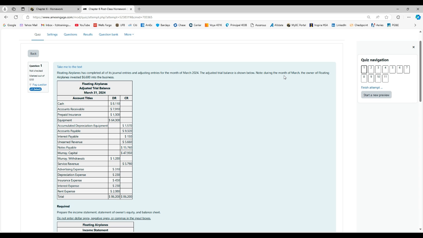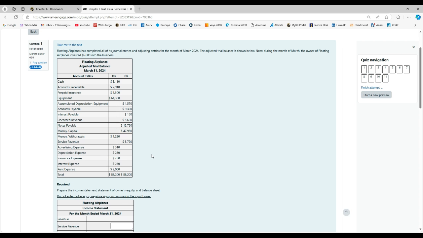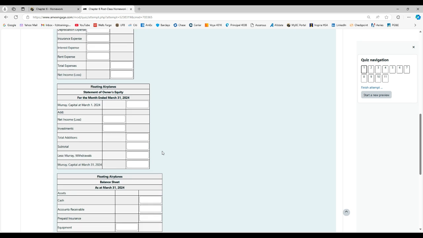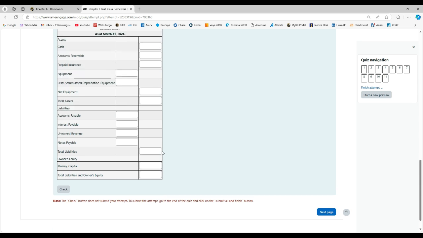This is for the month of March, and we've got contributions of $6,600 into the business, and it looks like that's just recorded as a component of capital there. Our requirement for this problem is to prepare the income statement, statement of owner's equity, and the balance sheet. So we've got all three of our statements here.